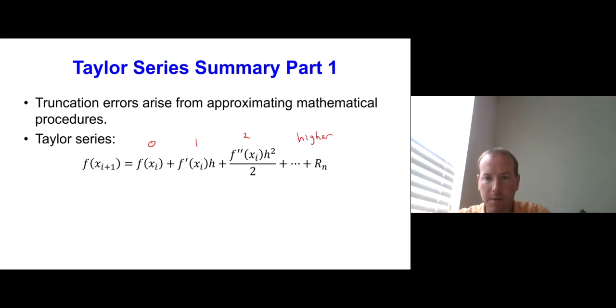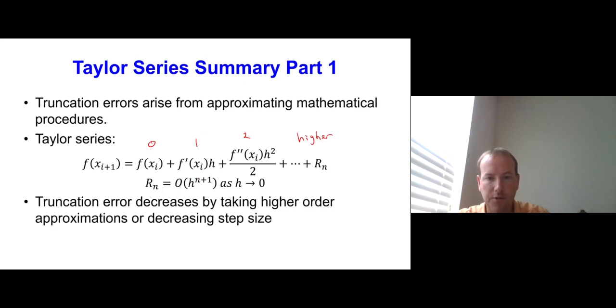And if we take a finite number of these, then we're left with a truncation error that we know is going to be incorporated into the solution. That truncation error is on the order, or that means about the size of, h, our step size, raised to the n+1.